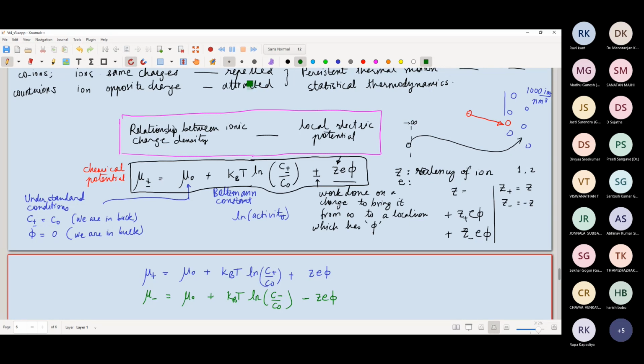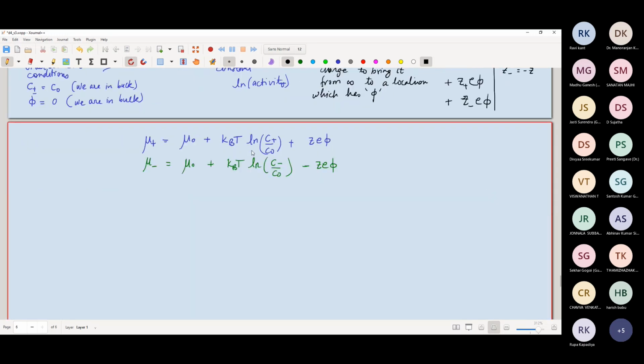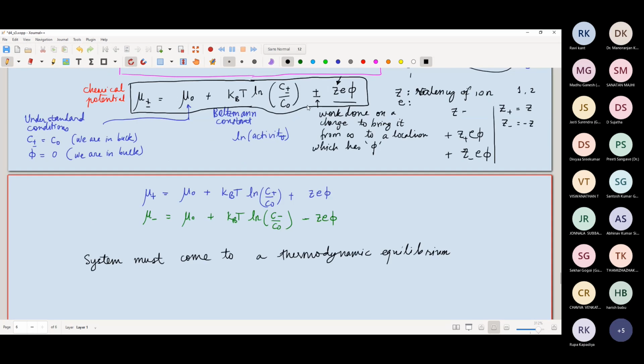Alright, so now the next idea is, given this chemical potential, the system must come to a thermodynamic equilibrium. So the condition from thermodynamics, in order for a system to be in thermodynamic equilibrium, is that the gradient of chemical potential has to be zero.